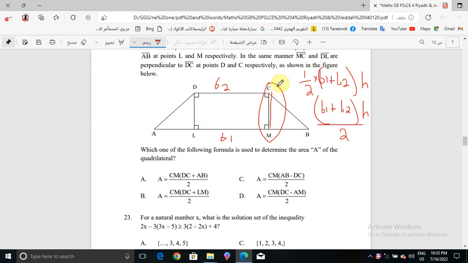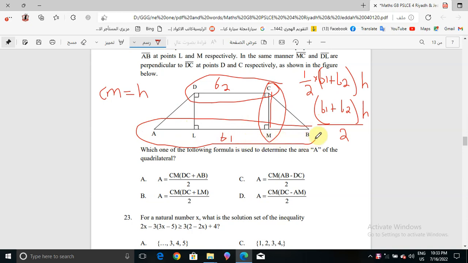Okay, now here CM is the high, so CM is equal to the high. Now B2 will be DC, which is B2, and here what will be B1? It will be AB.